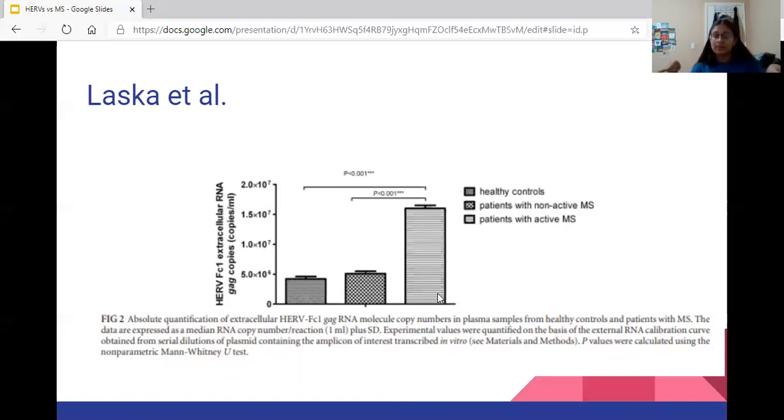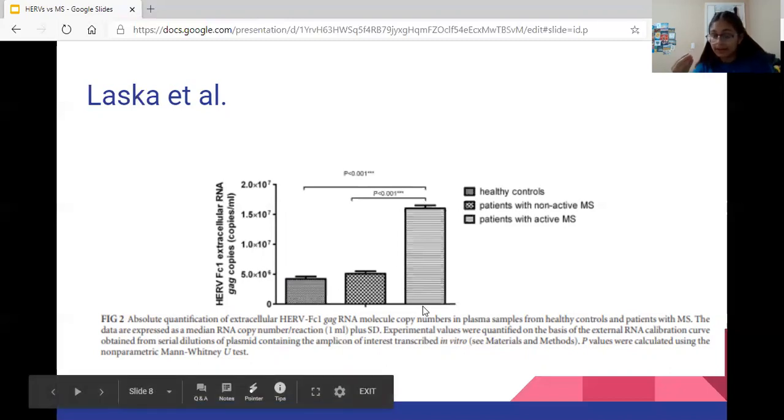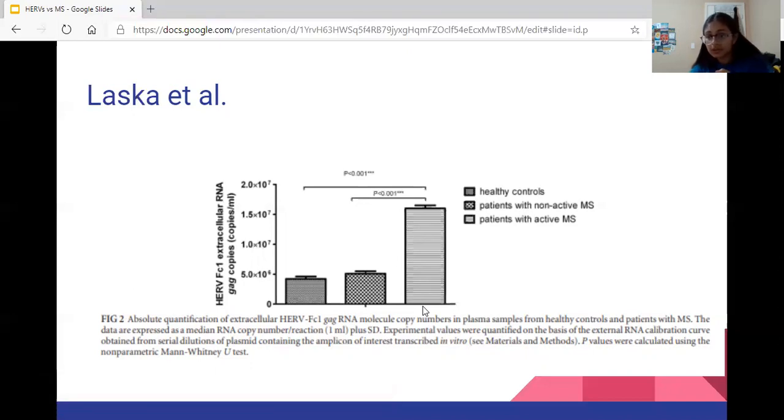Patients with active MS, on the other hand, have increasing amounts of demyelination happening. So we see in this graph that healthy people and non-active MS brains have low rates of GAG proteins, but people with active MS, meaning lots of demyelination happening, have high rates of GAG proteins. So clearly there has to be some sort of relationship between demyelination and the prevalence of GAG proteins.